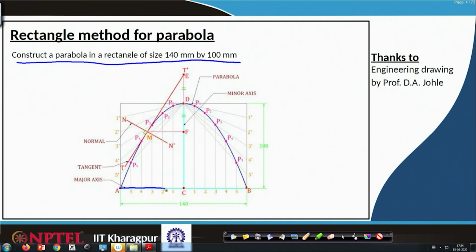First of all, construct a rectangle: point A, point B, D, maybe E and F. This is 140 mm and this is 100 mm. This point is C.